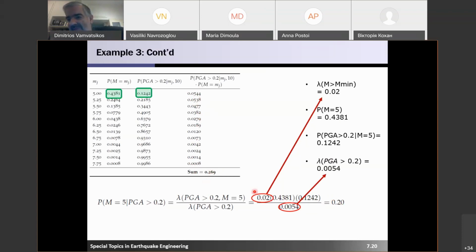Because the rate was the same for everything. So that's all we did. We took these numbers and we normalized them by this to see the relative contribution. And the end result, you could find which magnitude contributed the most. That's all. We already did that beforehand. So we could see it, but now it's more, let's say, normalized to 1. And this is exactly what the aggregation is about.